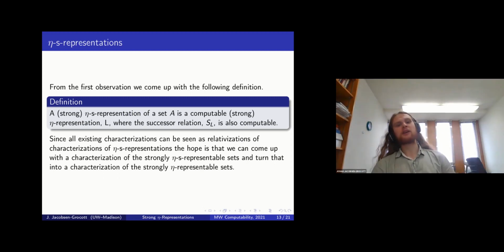Since all the existing characterizations could be seen as relativizations of characterizations of AD-S representations, the hope is that we can come up with a characterization of strongly AD-S representable sets and turn this into a characterization of the AD representable sets.